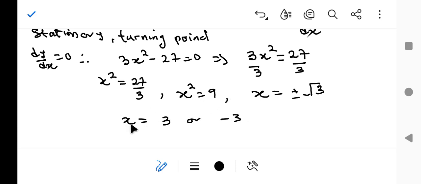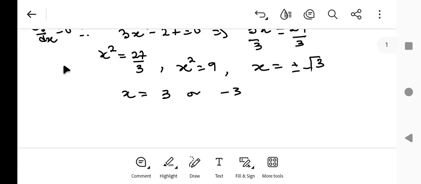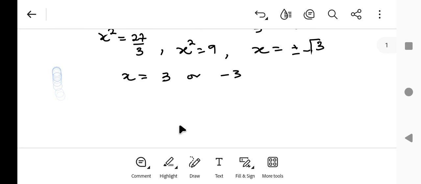If we evaluate and we get less than 0, it is called the maximum point. So how are we going to do that? Let's evaluate d squared y upon dx squared.